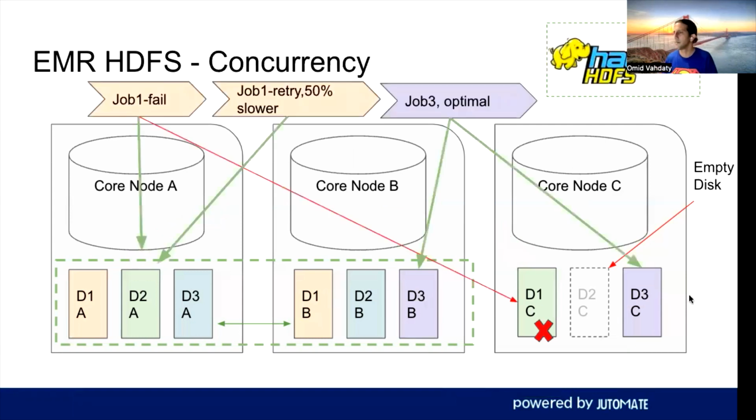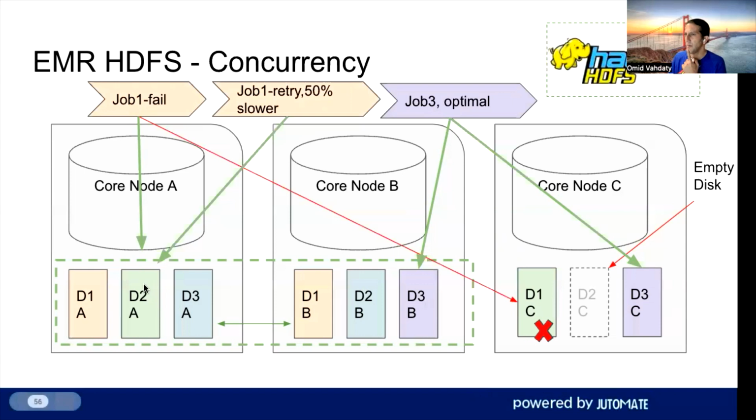Okay. So let's complicate it a little bit. You have a 3 core node scenario. You have 3 jobs running sequentially, one after another. The first job fails because the disk in core node C has failed.